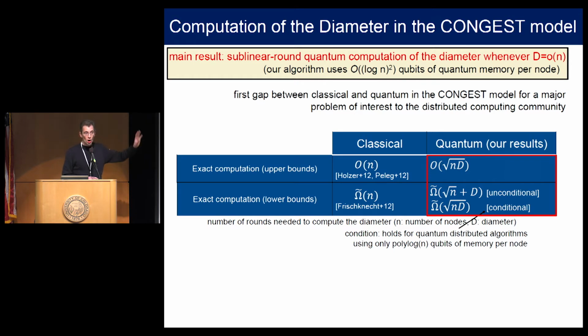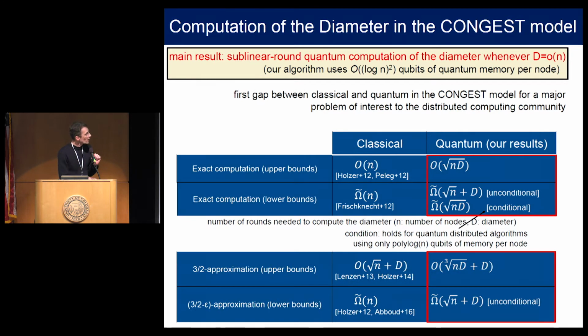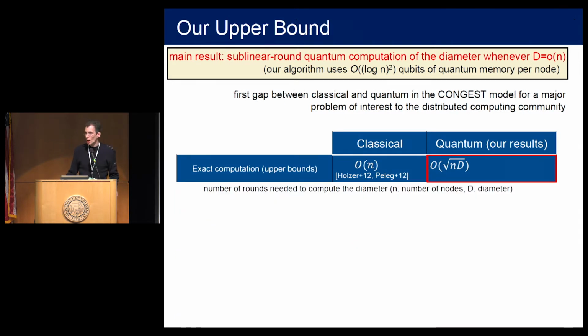So we can say that our result completely characterizes the round complexity of quantum algorithms with small memory computing the diameter. We also have some results for approximating the diameter, but I will come back to this at the very end of this talk. And I will start discussing the upper bound.